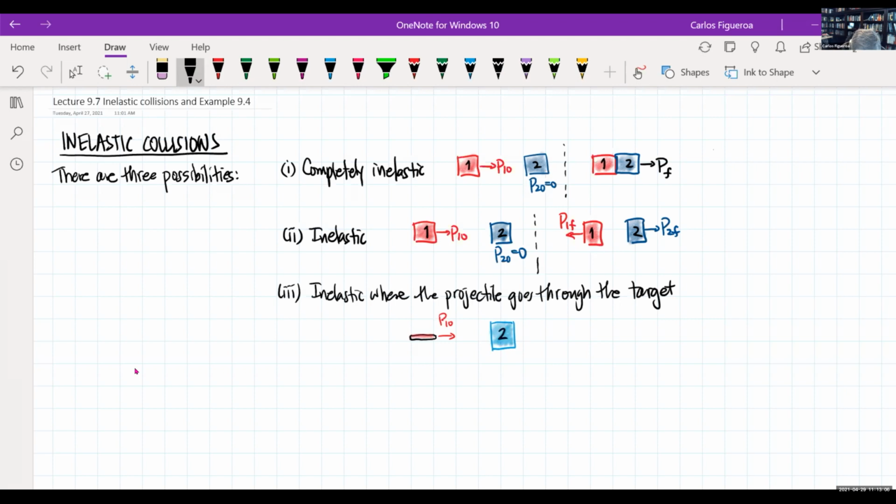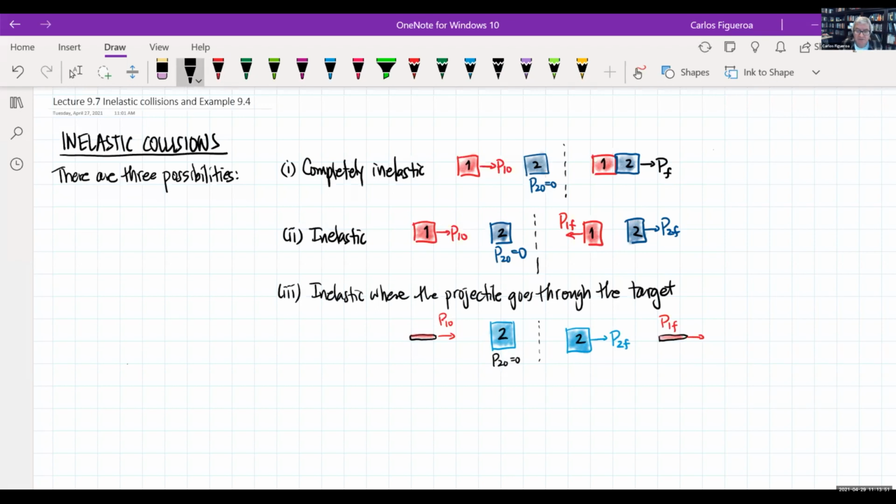If this guy starts off at some initial momentum, afterwards I continue to have block 2 there, but this time it moves with some final momentum in that direction. On the other hand, the bullet's trajectory afterwards has a lower momentum moving in that direction right there.